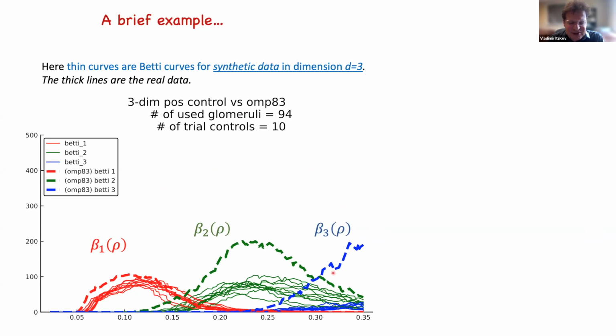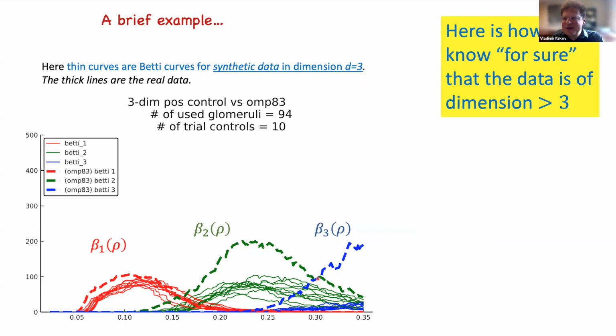So here the real data is these punctured lines, and this is simulated data in dimension 2. Sorry, in dimension 2 there are clearly no three-dimensional features. So here these curves become 0, but for the real data they're very non-zero. So we know that the data is certainly not two-dimensional, which is of course not a big surprise.